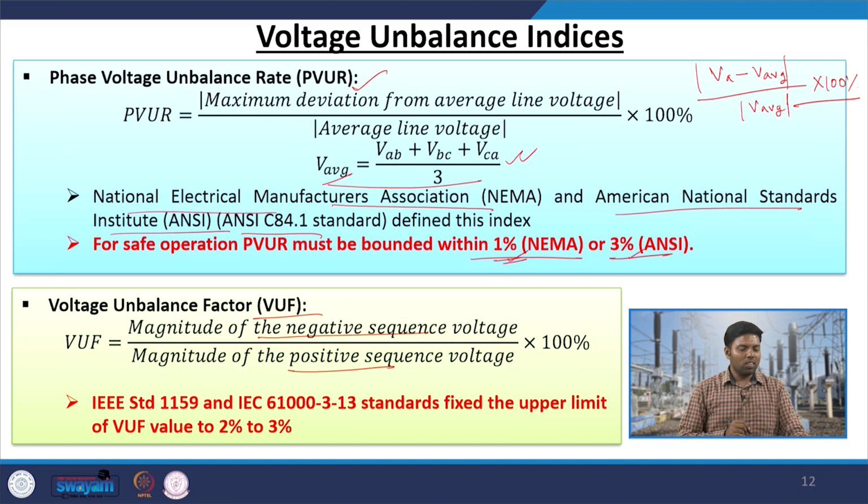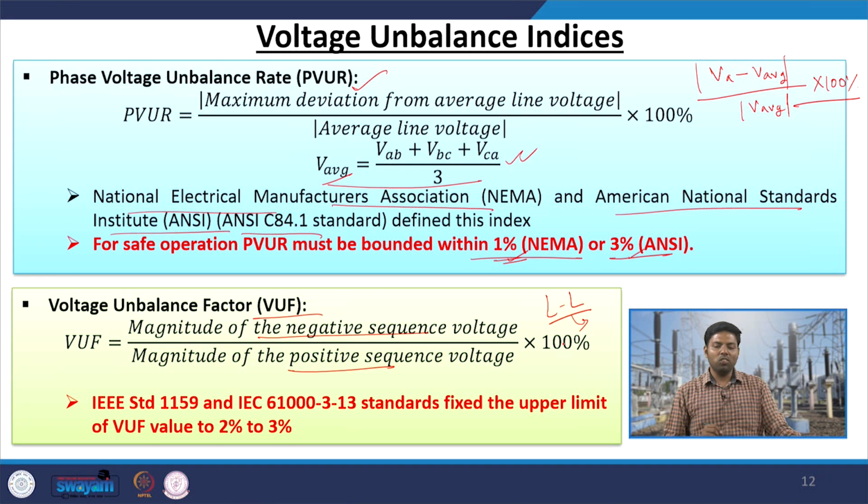Now, you may ask, why not zero sequence? That you will also see from the unbalancing effect only. But the zero sequence component will only arise when the grounding is affected, because zero sequence current or zero sequence voltage drop you will get in the ground path. So, let us say a fault occurs, for example an LL fault, where ground is not involved.